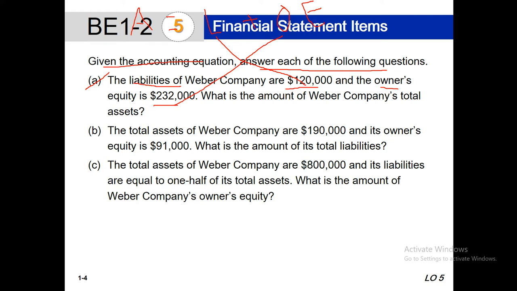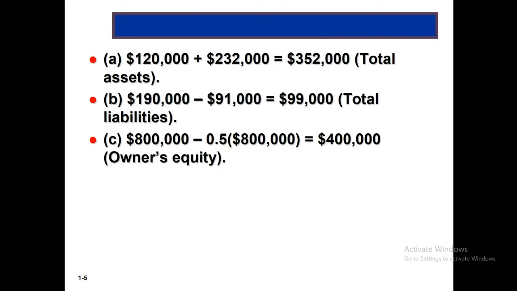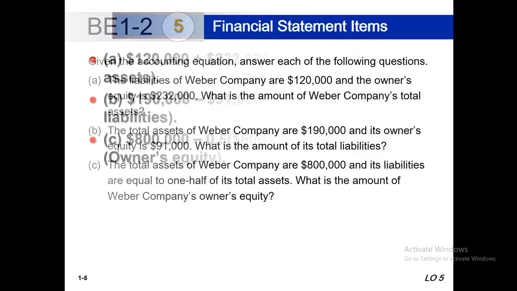So according to this question, we will get the answer easily. The assets will be total liabilities plus owner's equity. This is our liabilities and this is the owner's equity. So the total will be the assets. This is our total assets, $3,52,000.